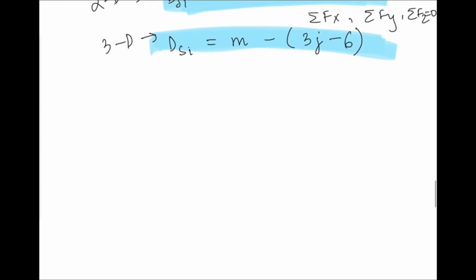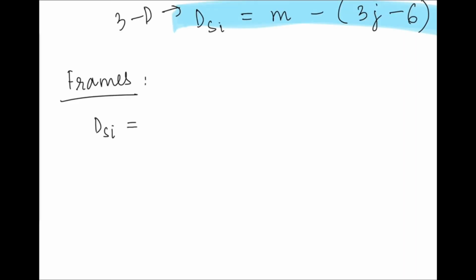So let's go further down. Okay, so here we are talking about frames. There is this equation for internal static indeterminacy in case of frames. We have it as 3c minus r. Okay, so it used to be like this.